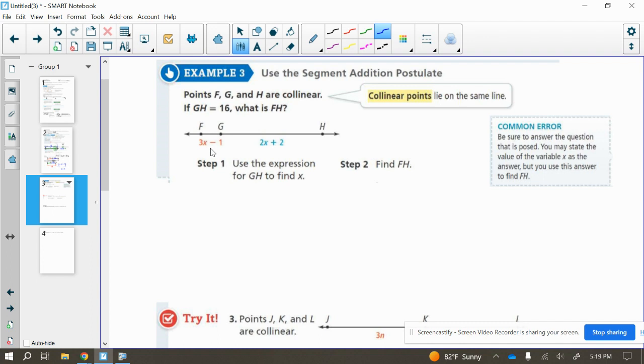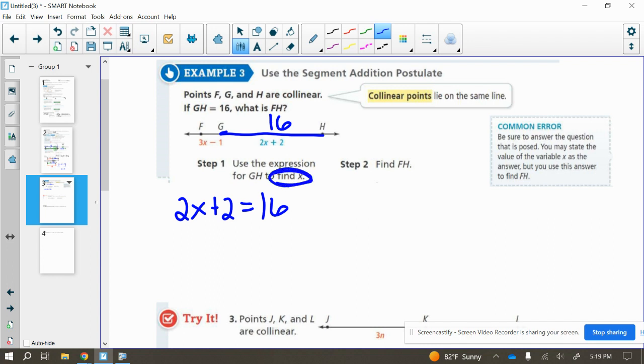We also have a segment GH that is 2x plus 2. And from the given information, they're also telling us that GH equals 16. This is an important piece of information because we're going to use it to help us solve for x, because 2x plus 2 has to equal 16.